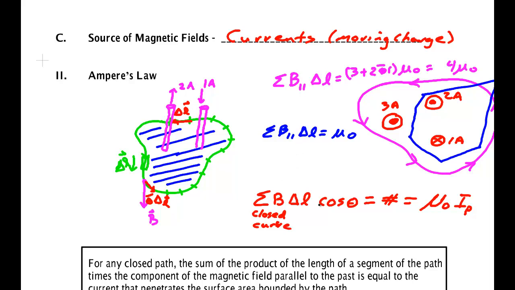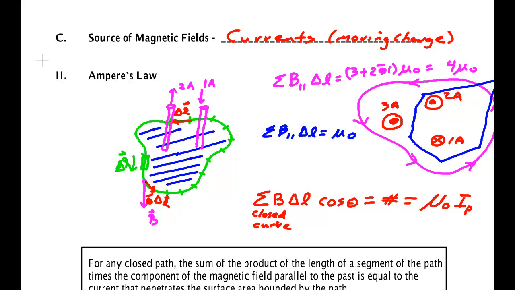The second thing is, besides making the cosine of theta equal to 1, I want to choose a path so that along that path the B is constant. Again, I want to map along the B field lines. If I can do that, the B can come outside. The cosine of theta will be 1, and I simply have the sum of delta L, which is the length of the path.